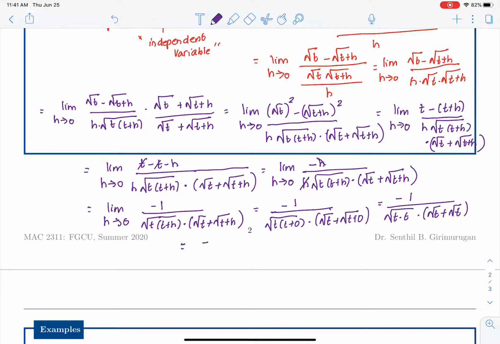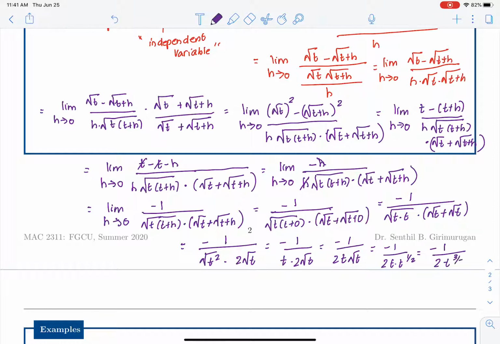That would equal negative 1 divided by square root of t squared times 2 square root of t. So that would be minus 1 divided by t times 2 root t. So the answer is negative 1 divided by 2 times t root t. We can also write this as negative 1 divided by 2 t times t raised to 1 over 2, and we can combine the exponents and write it that way.